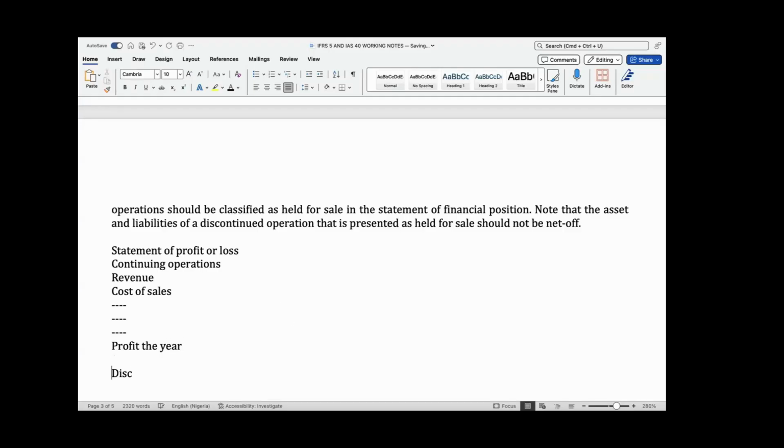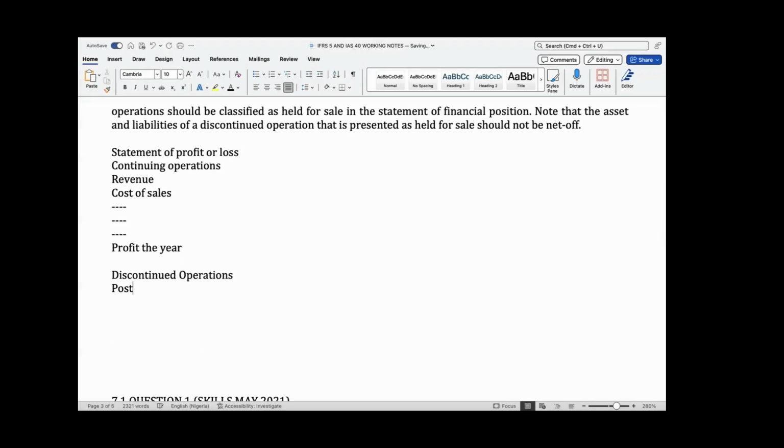You now have discontinued operations as a separate heading. But what you need to put is the post-tax profits of these discontinued operations. Just put a one-liner item, post-tax profits.